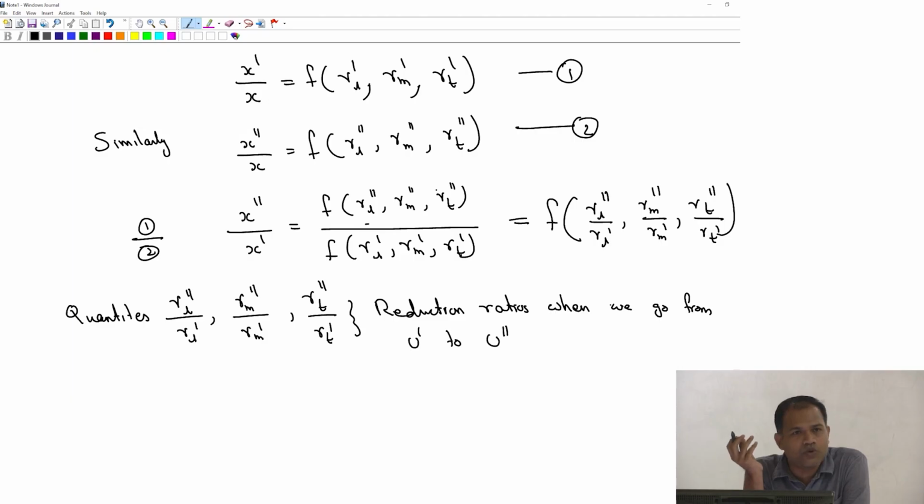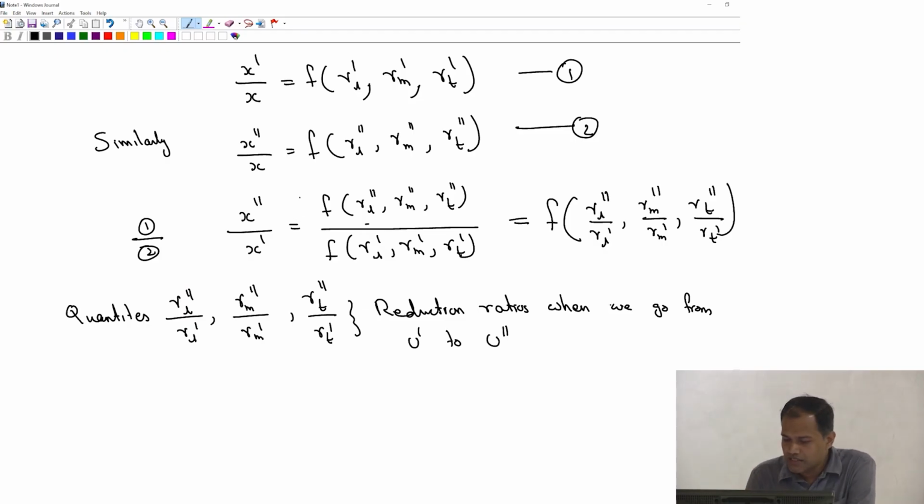For example, if I am talking about force, I calculate the double prime part in some units, let's say mass into acceleration, as kilograms times meter per second square, and the quantity in the denominator in CGS units, grams into centimeter per second square. If I do the force ratio, or I do the mass ratio and acceleration ratio and multiply them, the answers are going to be the same.